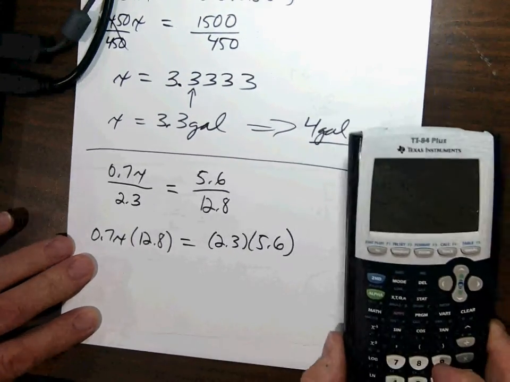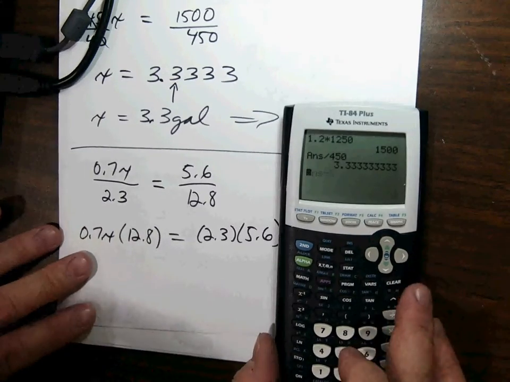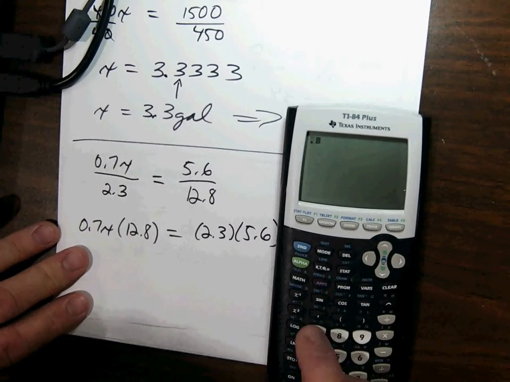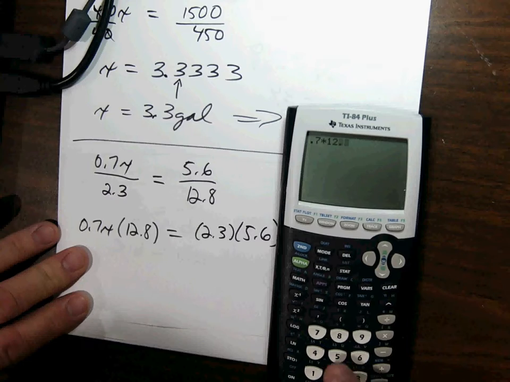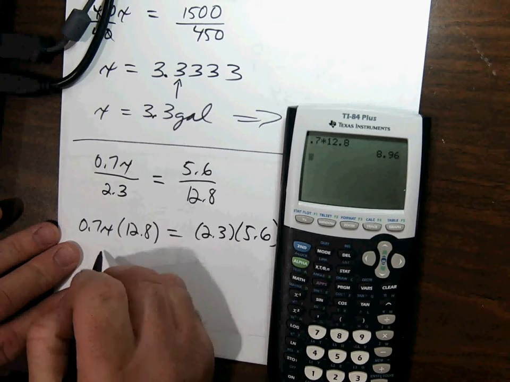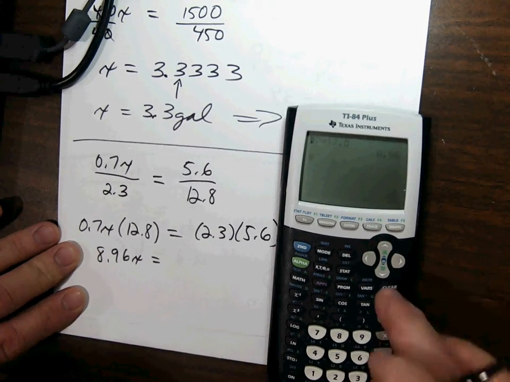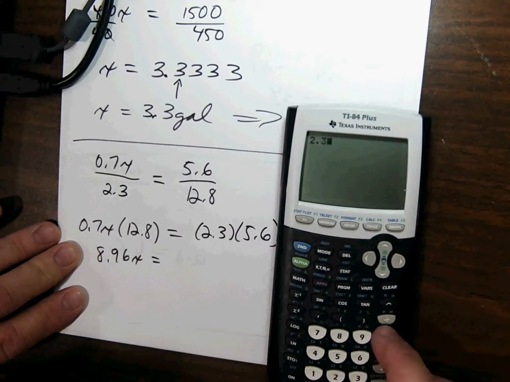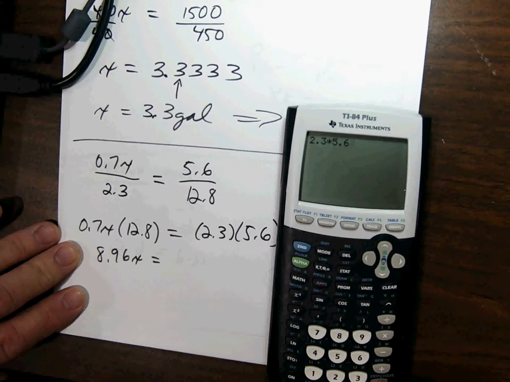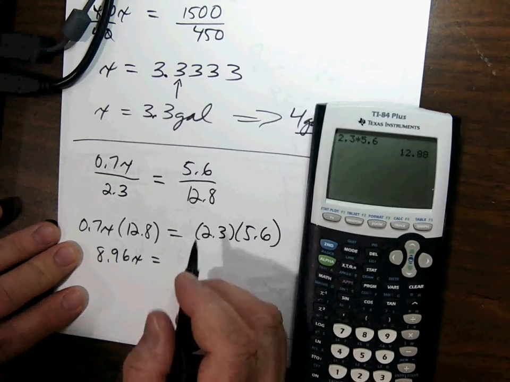Calculators are our best friend with this one for sure. 0.7 times 12.8 is 8.96, so I'm going to have 8.96x equals 2.3 times 5.6, which is 12.88.